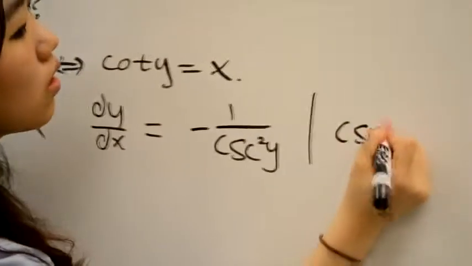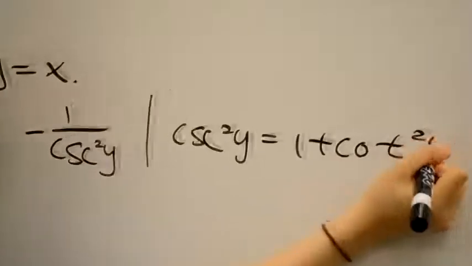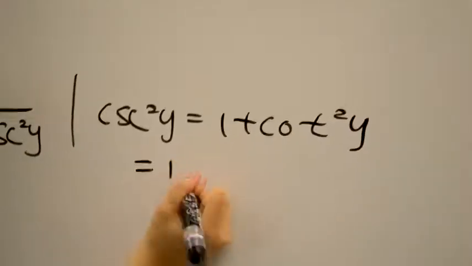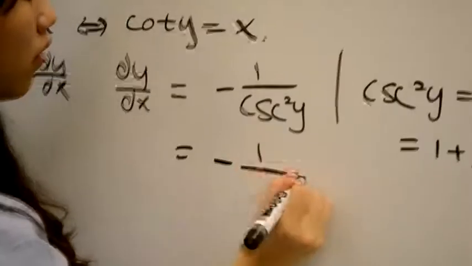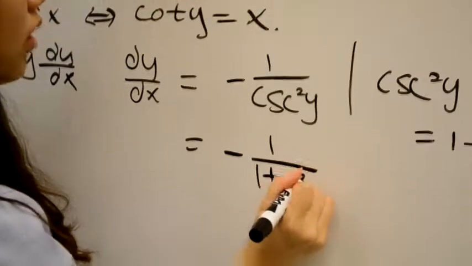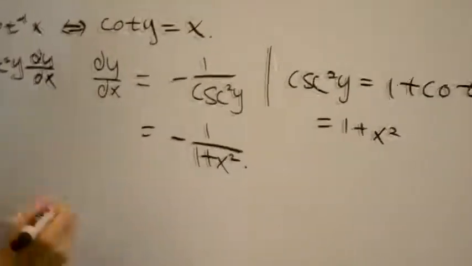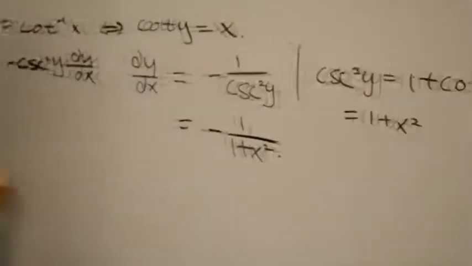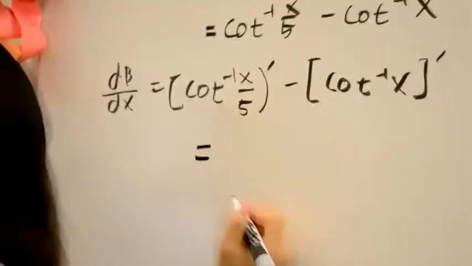So using our trigonometric identities, cosecant squared y equals 1 plus cotangent squared y, and it gives us that is equal to 1 plus x squared. So the derivative of it, which is dy dx, would be negative 1 over 1 plus x squared. So now we're going to use these values to solve the whole equation.